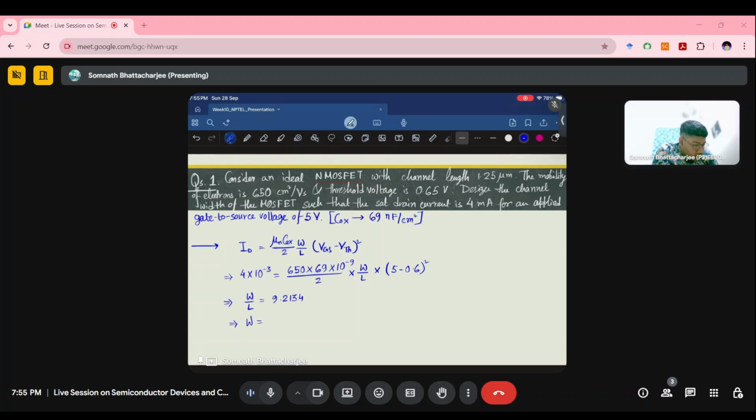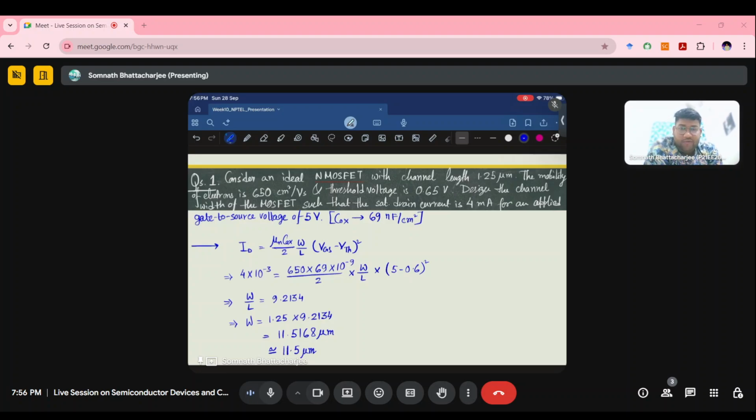So W will be, L was how much? L was 1.25 multiplied by 9.2134. So it will be 11.5168 microns, or we can write it as 11.5 micron.